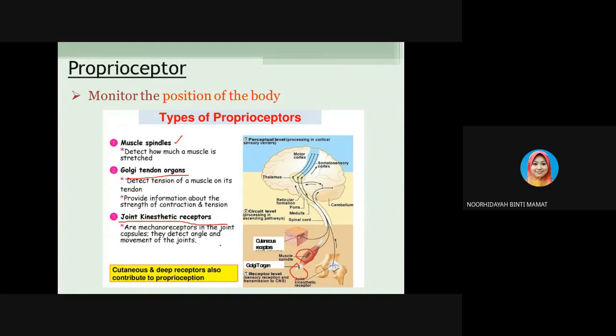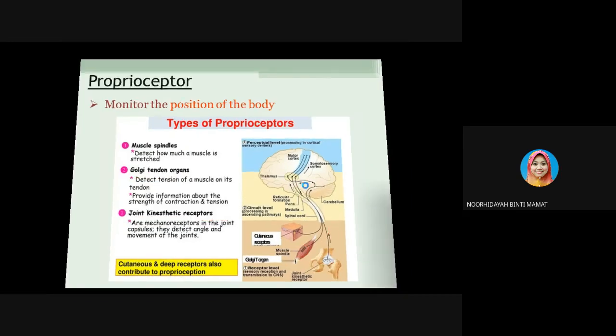They are mechanoreceptors in the joint capsules, and they function to detect the angle and movement of the joint. All the information will be sent to our CNS, our central nervous system.